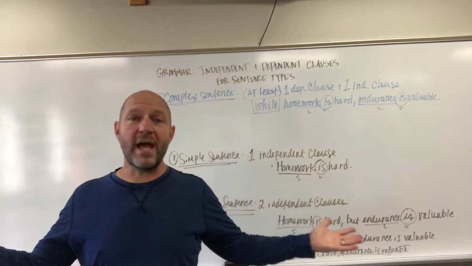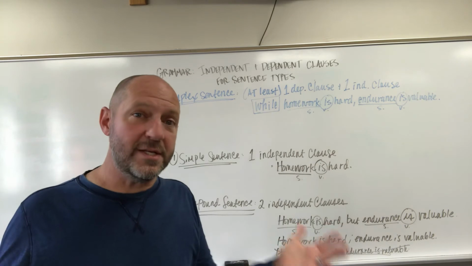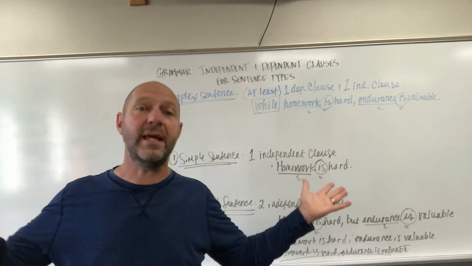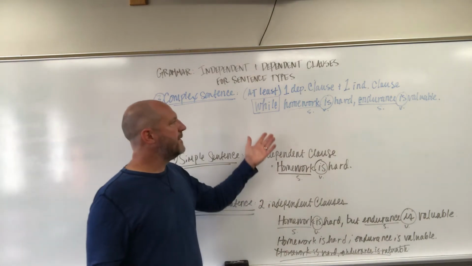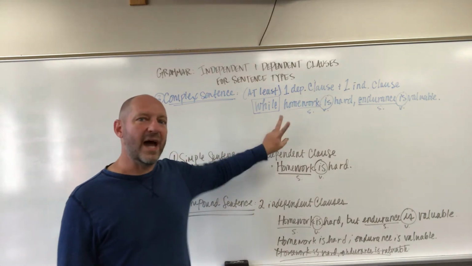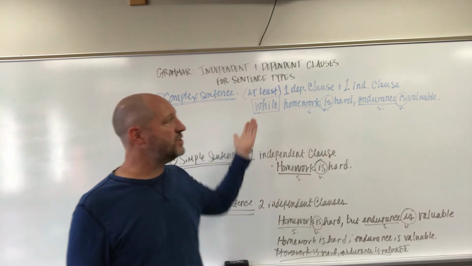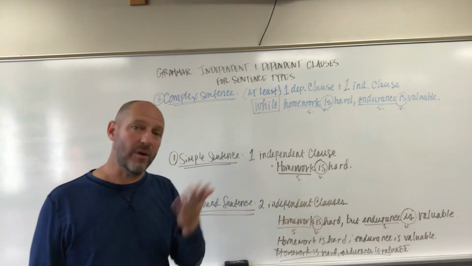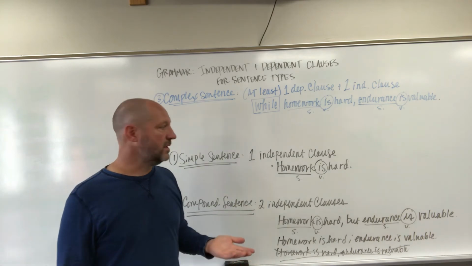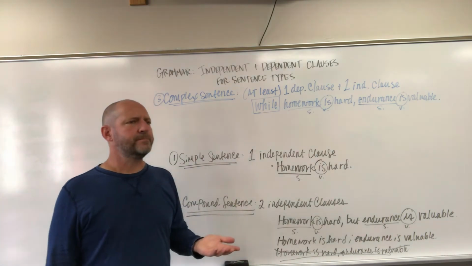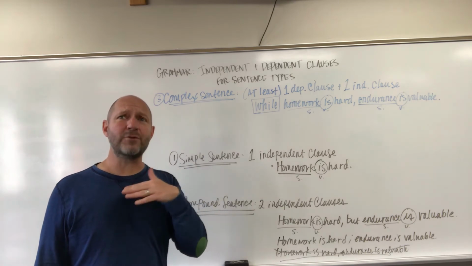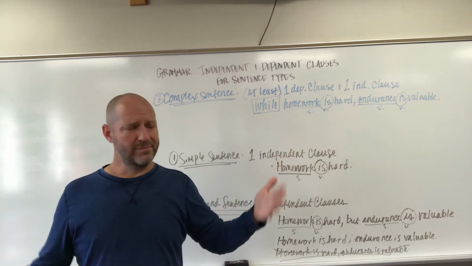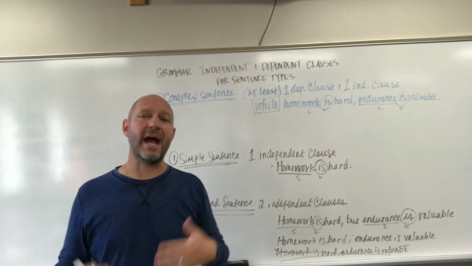Now, since we have choice, since English is the subject that gives you freedom, ladies and gentlemen, you are free here, all right? I don't have to construct it this way. I can flip these around. I can say endurance is valuable while homework is hard, if I want to put it that way. If I want to say, after I went to the store, I went to the movies. Whatever, I know that's a lame sentence, it doesn't matter. But after I went to the store, I went to the movies.